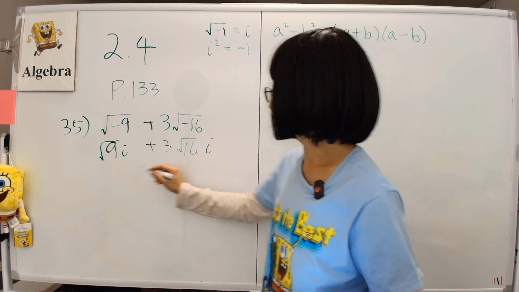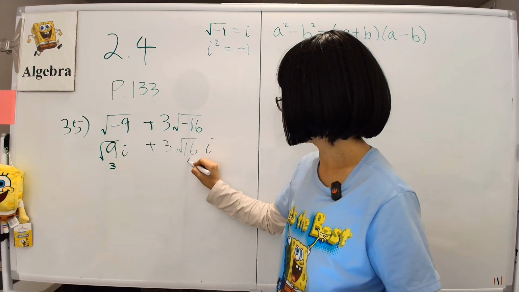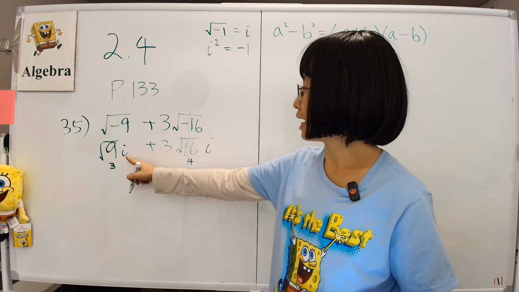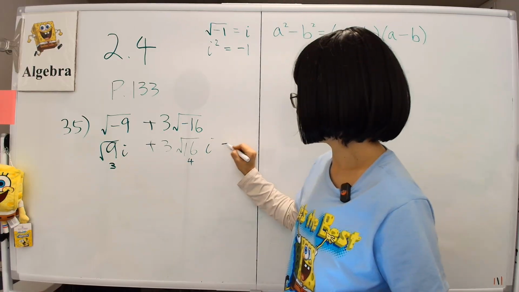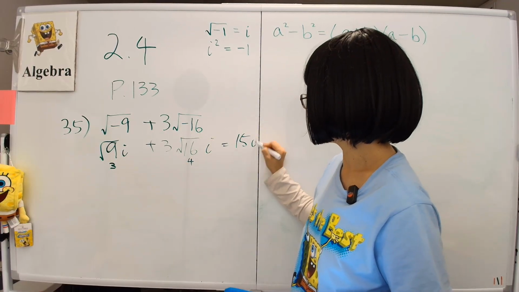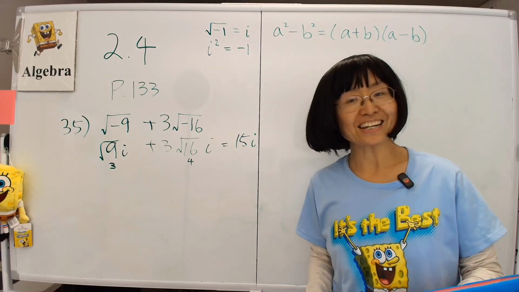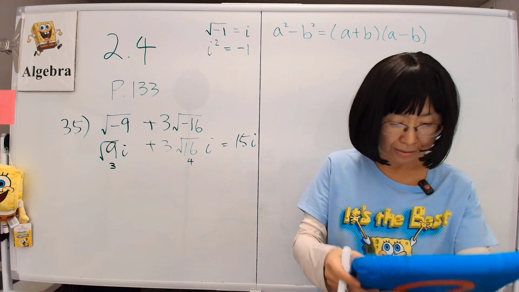So that's 3i, and the square root of 16 is 4. So we have 3i plus 3 times 4i. That's 12 plus 3, so the whole thing becomes 15i, and that should be the answer. Let me see, what are we doing? 35? Yep, that is correct. So next, let's look at problem 37.